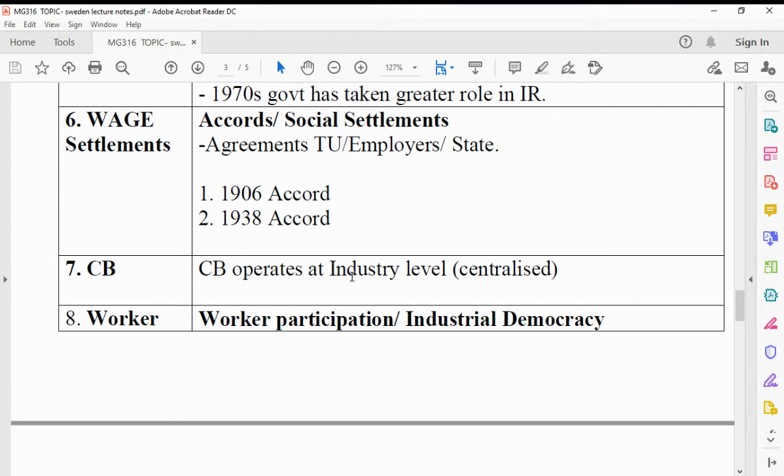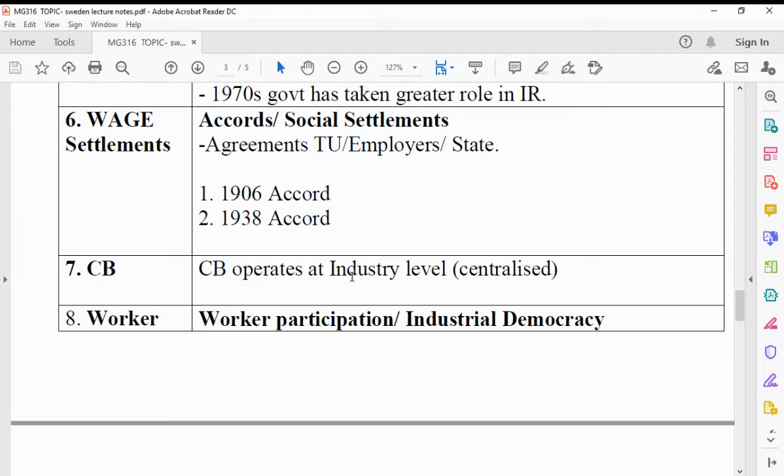And this is something that has been addressed in Germany. We saw that to increase membership, what these unions and employers did was that you can affiliate with an umbrella body of the union. However, you are not required to follow the collective agreement that is decided in that industry level collective bargaining. So that was something good for the medium and small organizations, isn't it? Likewise, we can see here in Sweden that collective bargaining is also centralized.